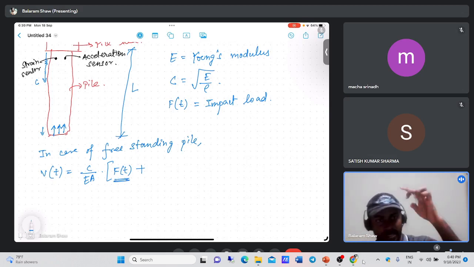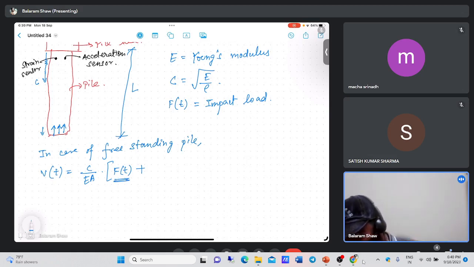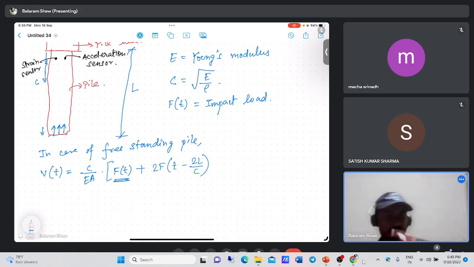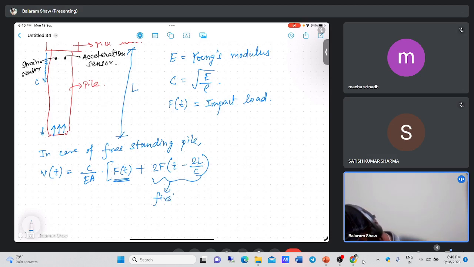Then it will come down and go back, so there will be the first reflection, and that will be 2F of t minus 2L by c. Why 2L by c? 2L by c is the time taken by the wave to travel from the pile head to the bottom, and then reflect back and be sensed at the sensor. So that will be the time required for the first reflection.